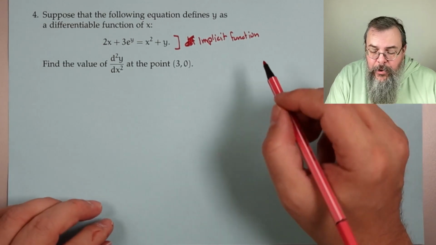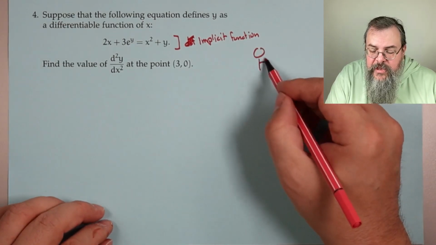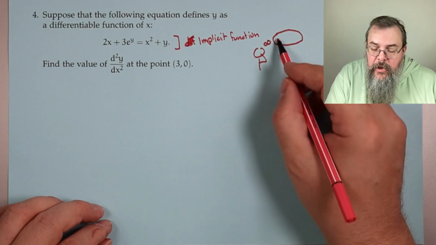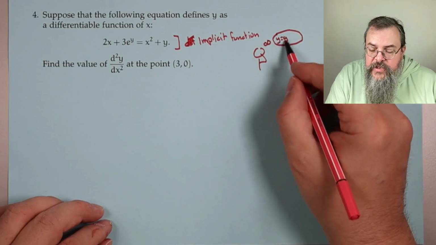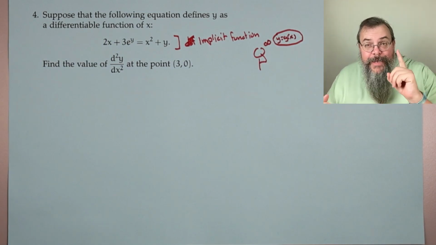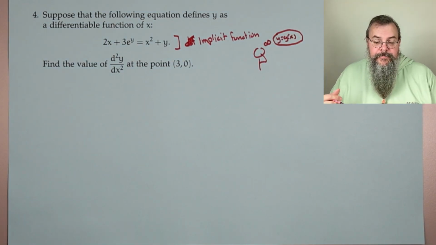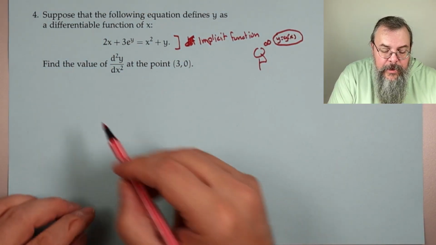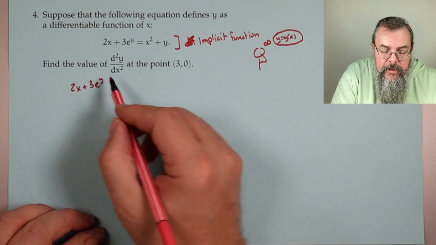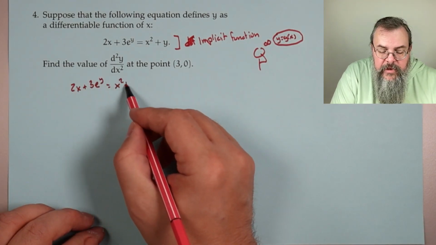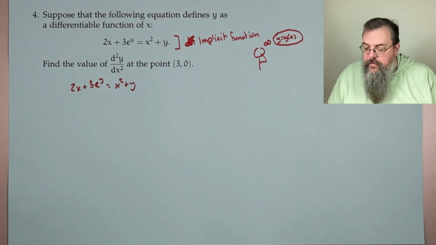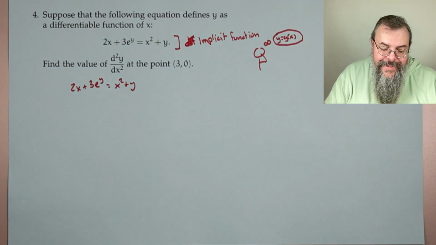Now remember, when we think implicit function, we really have this sort of thought, namely that y is a function of x. So let's start by finding our first derivative. Here we go. We'll start with 2x plus 3e to the y equals x squared plus y. First step, derivative number 1.